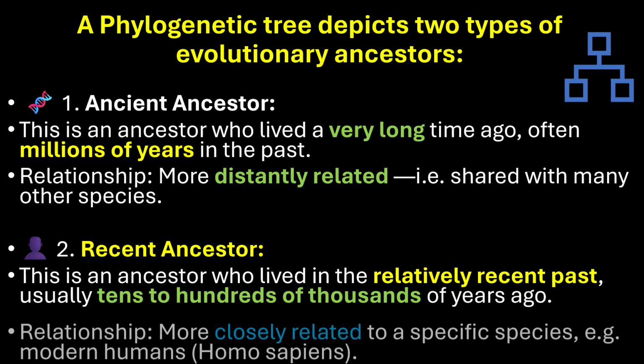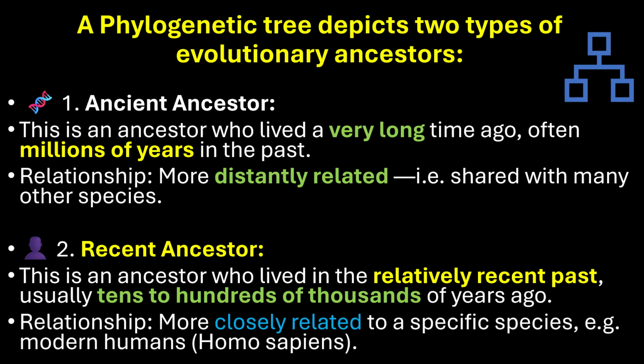So we have ancestors that lived millions of years ago, and then we have ancestors that lived hundreds of thousands of years ago. What is our relationship to the recent ancestor? To the recent ancestor, we are more closely related. And in many cases, only specific species are related to it. We don't have all species relating to it.